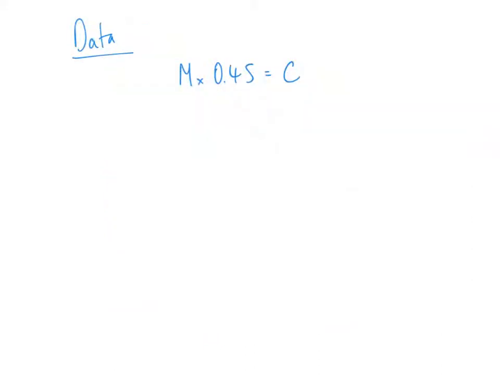So one way to think about a relationship or to investigate it is looking at numbers or data. So we plug in numbers into the variables so that we can get an idea of the relationship. Let me show you what I mean. Here we've got the number of miles, M, and here's the claim amount.